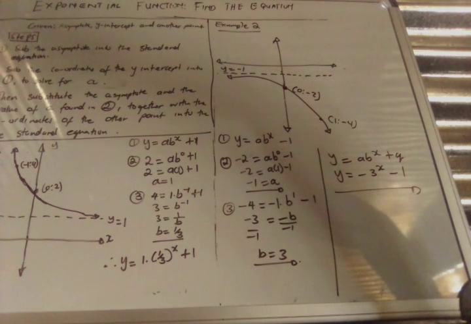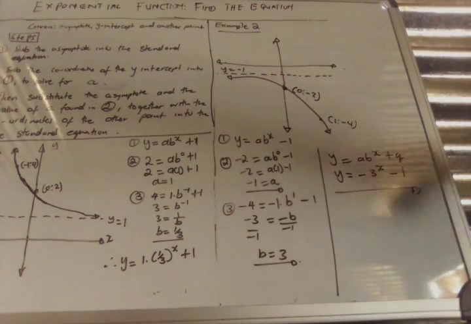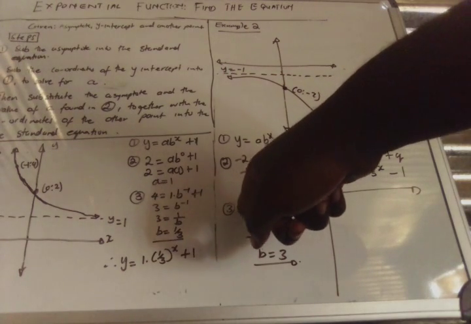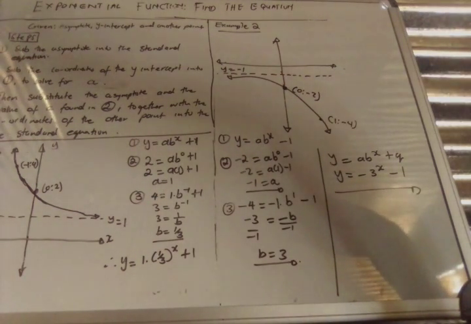From there we go to step 3. Step 3 says you must substitute the asymptote, the value that you got for a, and the coordinates of the other point on the graph. The other point is 1 and negative 4, so y is negative 4.